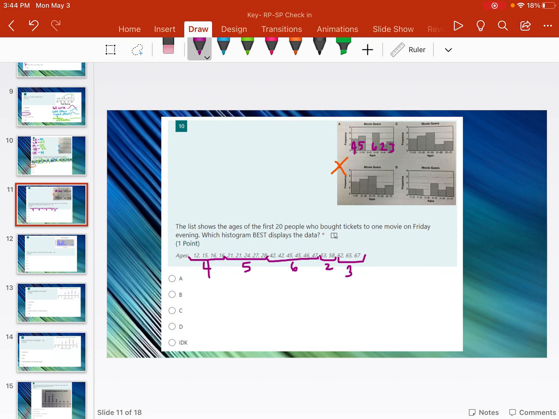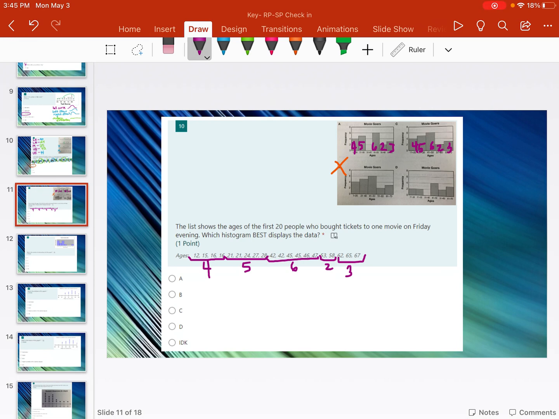11 to 20 was 4, just like we said. 21 to 30 was 5, like we said. 41 to 50 was, they said 6, that's correct. 51 to 60 was 2, and 61 to 70 was 3.